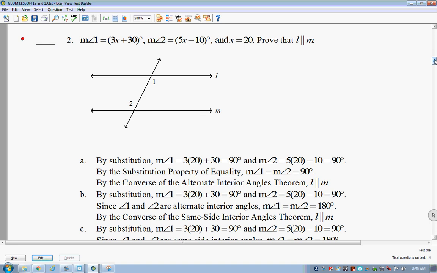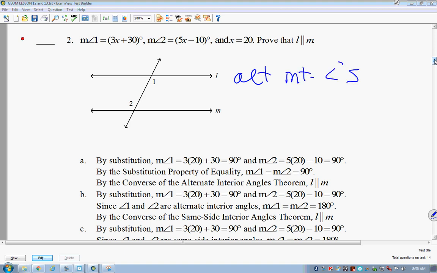So, Chandler, these 2 angles, are they corresponding? Okay? Are they alternate of each other? Okay, they're on opposite sides of the transversal. Are they interior or exterior? They're interior. So we would say that these are alternate interior angles, right?